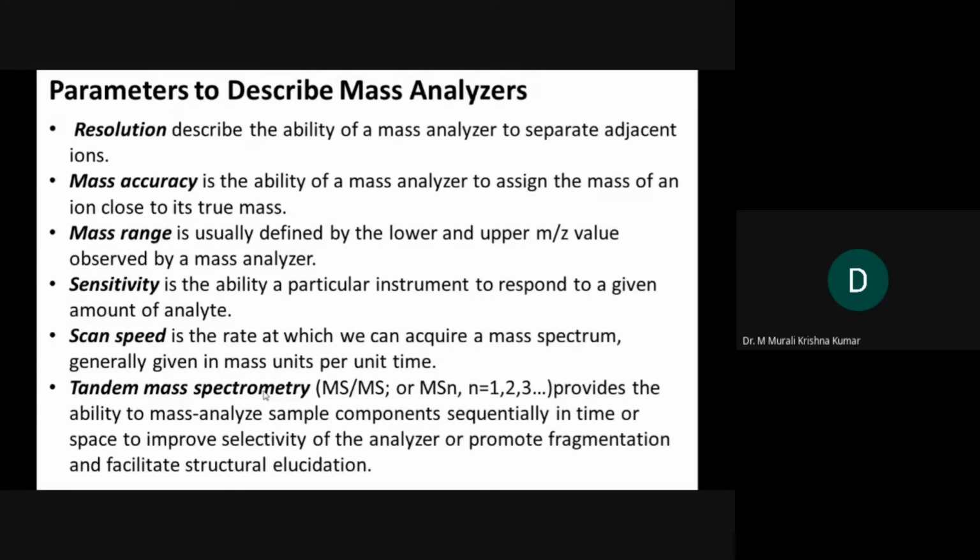The second one is not truly ionization, but we provide energy. So if there is some technical facilitation in the analyzer section, that immensely helps us.